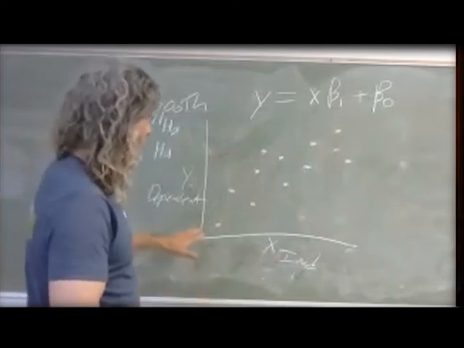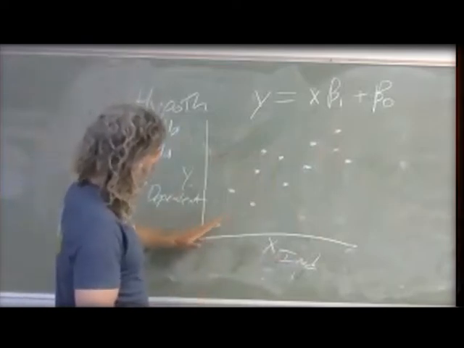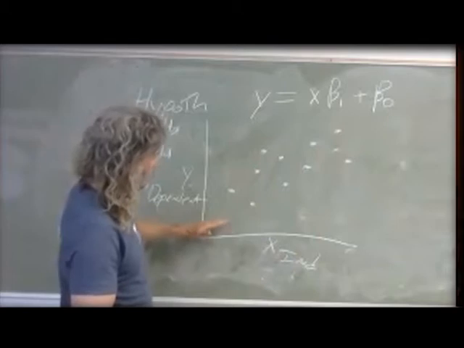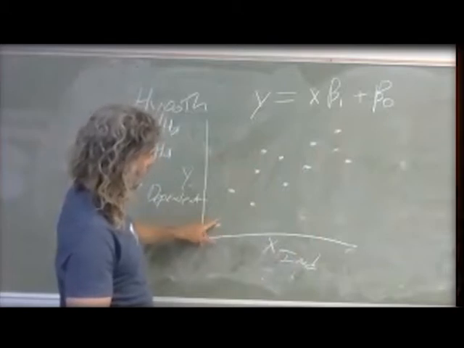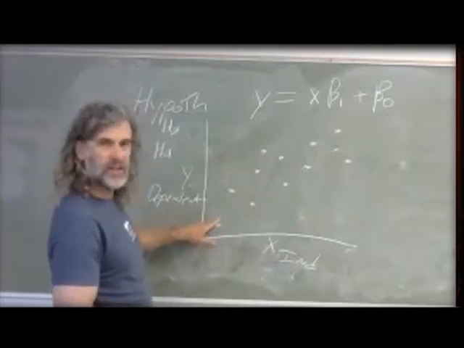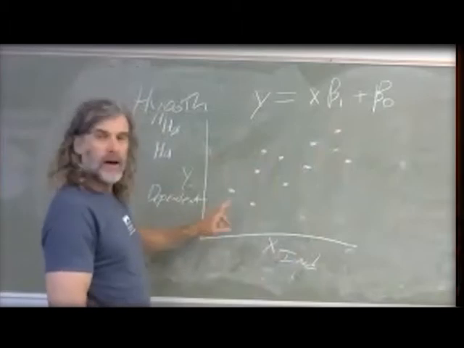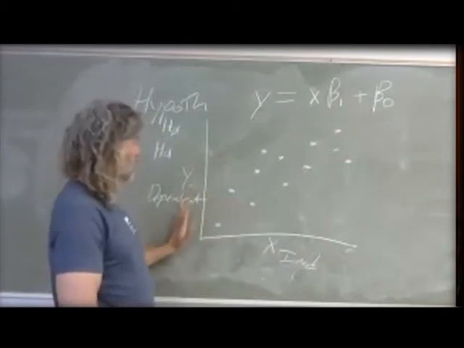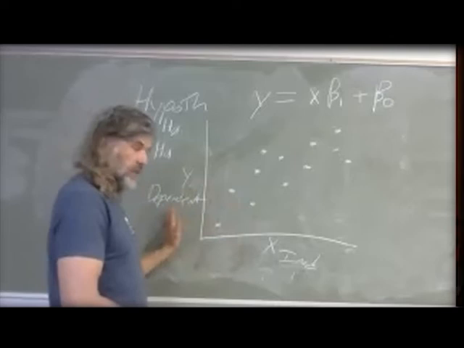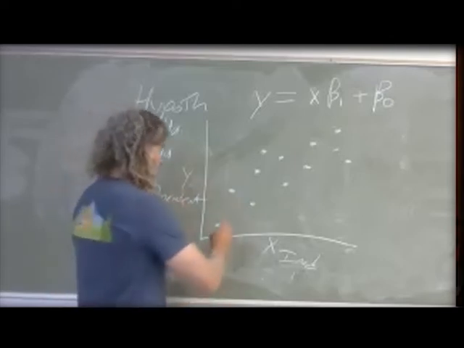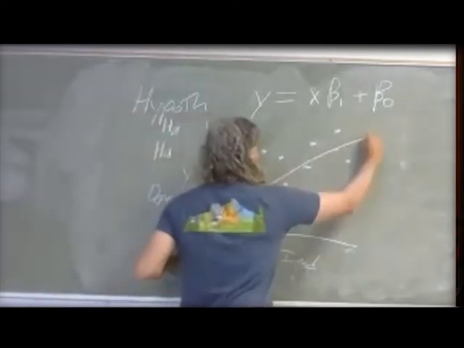And what we can also do is there's a relationship that minimizes the distance between each of these observations and the expected relationship given these two variables. And by calculating that, we can get a straight line.